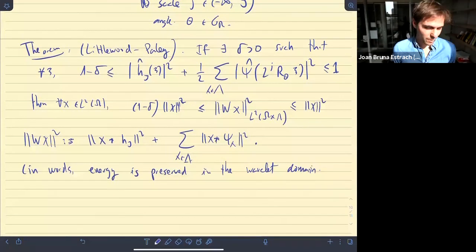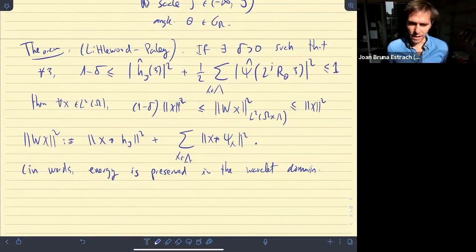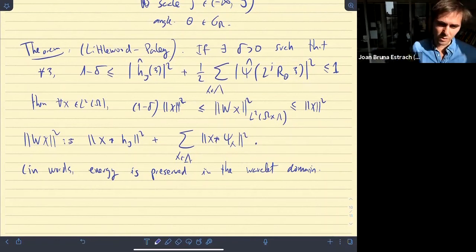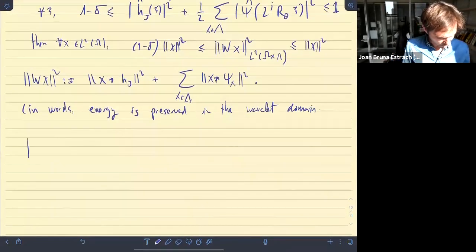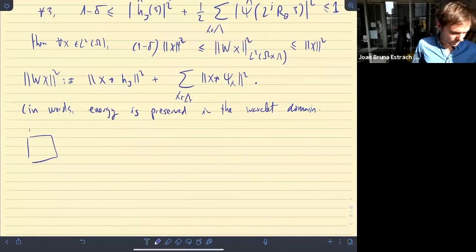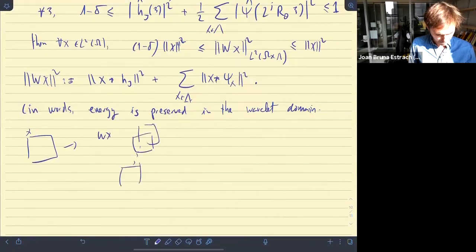Okay, so far this is not saying anything too fantastic, right? I mean, we are just saying that we have a signal, we compute this filter bank, and from looking at all these coefficients in the wavelet domain, we can collect the energy. Like we can basically reconstruct the original x, right? So the filter bank is very redundant. If I think in terms of an image, we have some input x, and here we are mapping it to Wx, which is itself a collection of images, right?